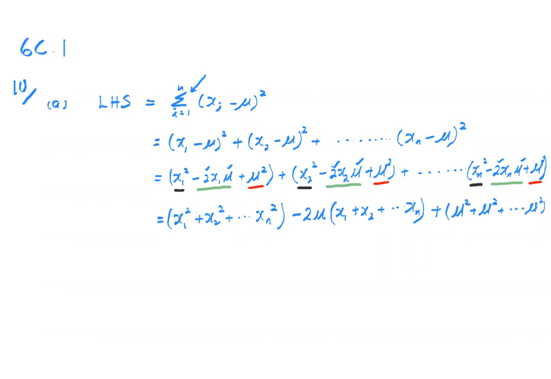So how many mu square do I have here? N times of mu square, am I right? Okay, so now x1 plus x2 plus x3 plus xn, what does it represent?